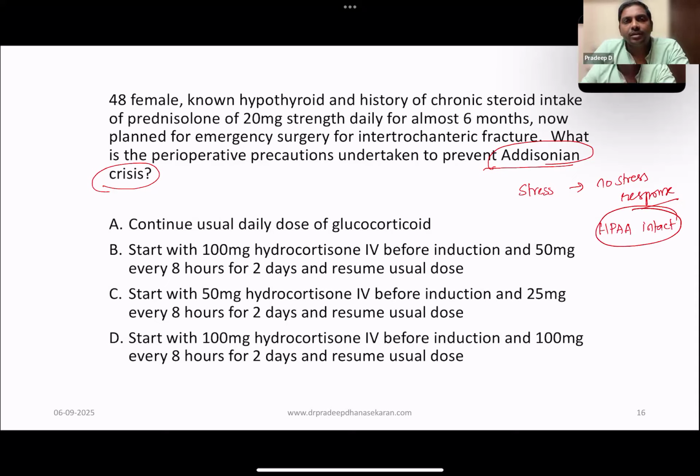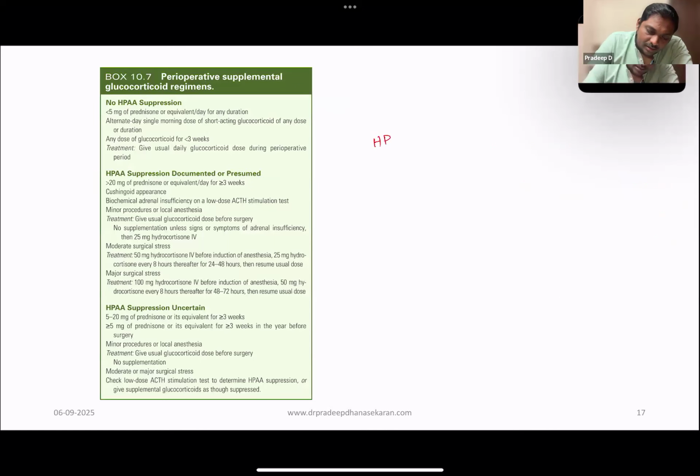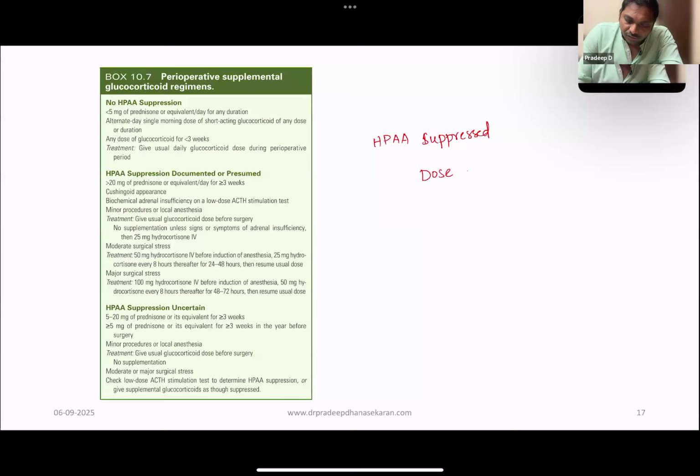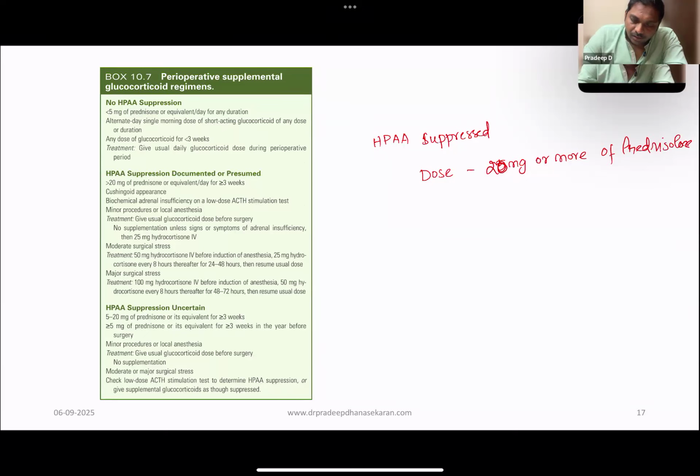When will the HPAA not be intact? The HPAA is suppressed with 20 milligram or more of prednisolone for a duration of more than 3 weeks.